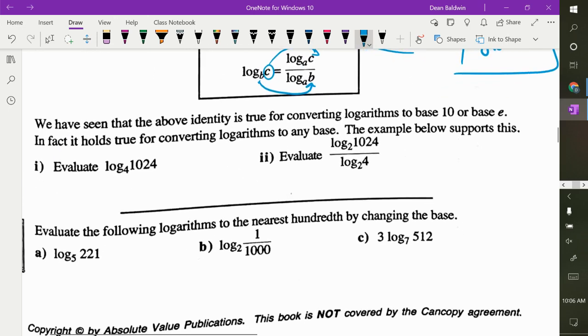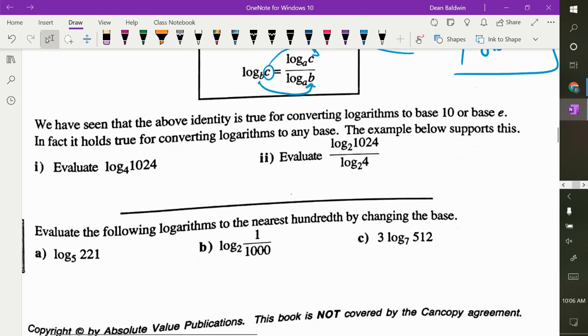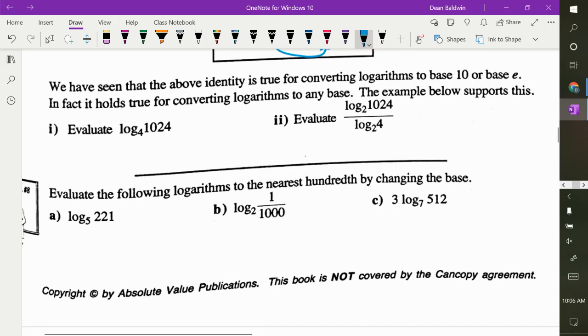So if we go down here, we'll do log base 5 of 221. Some of you can't punch that in your calculator, because it's base 5. So we need to change the base. It doesn't matter what base you change it to. You can pick any base you want. What would be the two smartest bases to use? 10 or natural log.